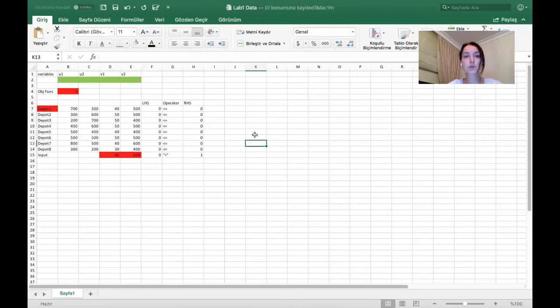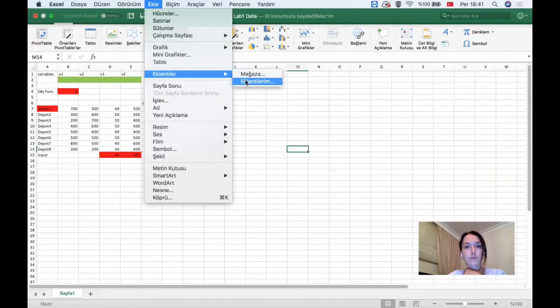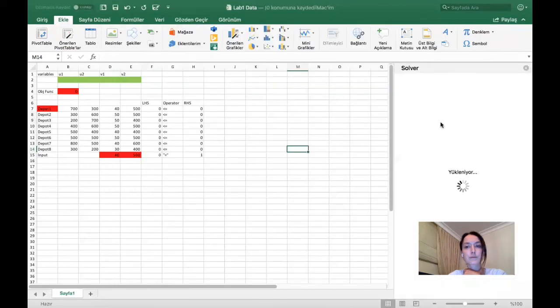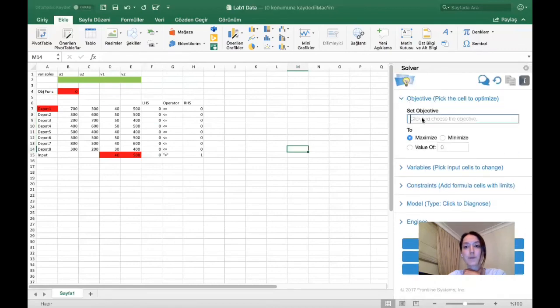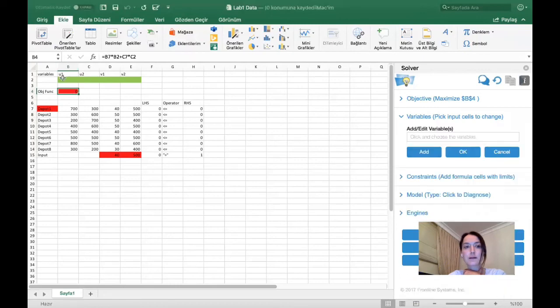Next, we should construct the LP model. The objective is given in this cell, and it is a maximization problem, and variables are provided here.